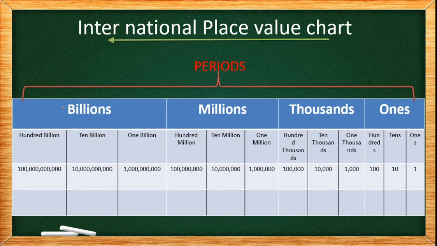So here we need to put a comma after 4. So in international place value chart, this number we can write as 5 in ones place, 4 in tens place, 3 in hundreds place and 4 in 1000s place. And we read the number as 4,345.